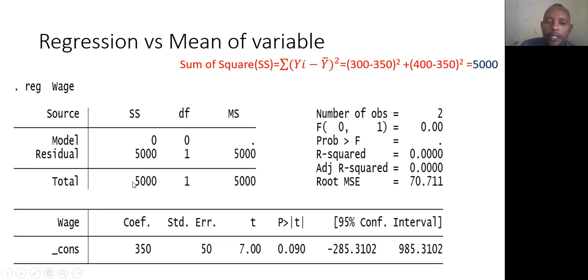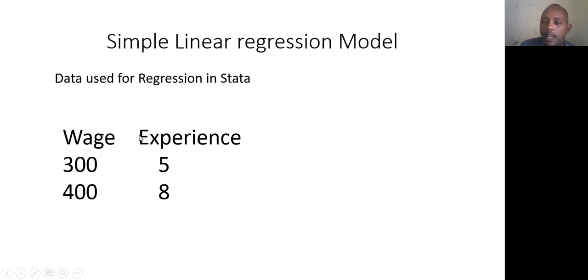The total variation in the dependent variable comes from variation in the residual or error term. That is beyond our capacity, beyond our control. Such variables totally contributed to the variation of the dependent variable. Therefore, there is no variation in the model.